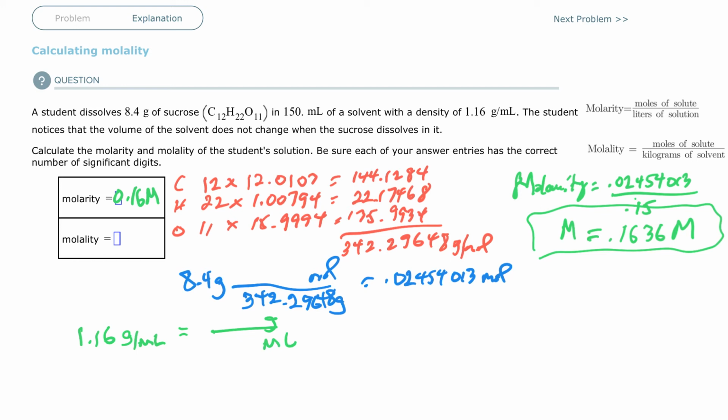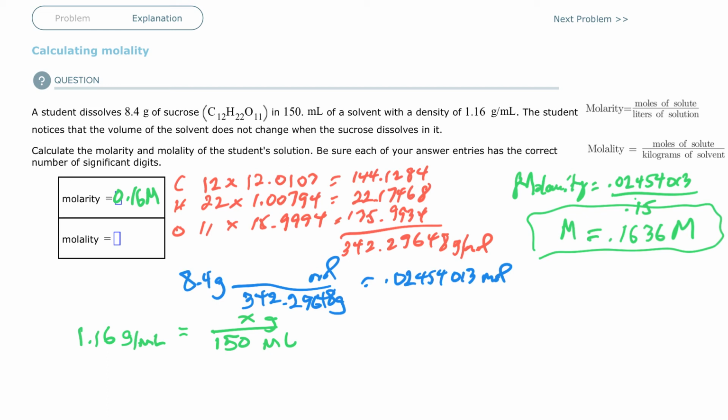Well, how many milliliters do I have? I have 150 milliliters. Okay, so it's already in milliliters, so I keep it there. Solve for grams. I have X number of grams over 150 mils. So multiply by the 150 to get X by itself.